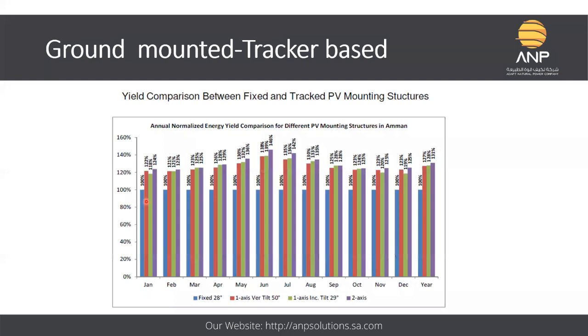The first one is fixed, another one is single axis, and this one is dual axis tracking. The generation from dual axis tracking is more as compared to the other types of tracking system. For example, if the generation from a fixed type of installation is around 100%, there will be almost 24% more.